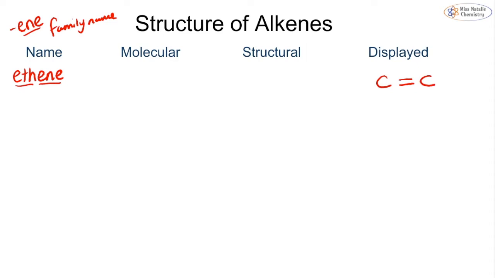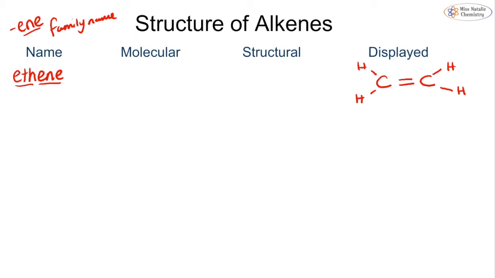So our displayed formula is going to have 2 carbons double bonded together, and then we're going to fill in the hydrogens, making sure that each carbon has 4 bonds. So where this is slightly different from the alkanes is that the carbons next to the double bonds should only have a maximum of 2 hydrogens because they already have 2 bonds to the other carbon.